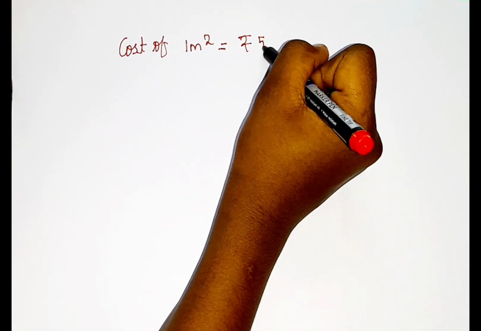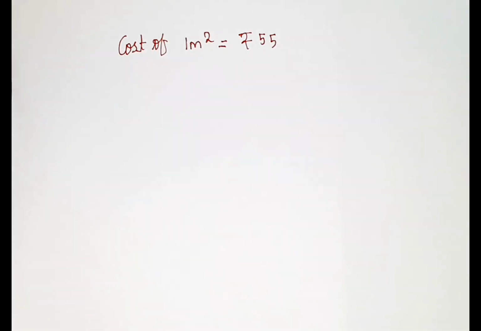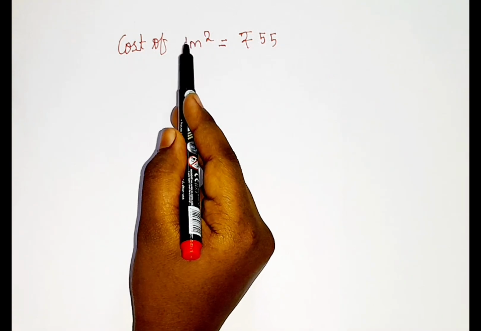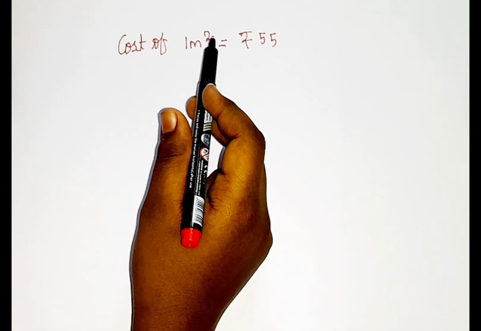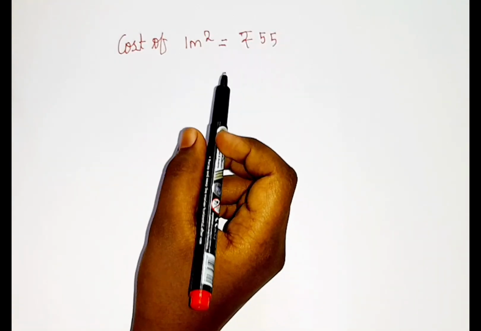Am I right? So in the last point they mentioned, let me read it out. Find the total cost of developing a garden around the house at the rate of rupees 55 per meter square. So here they gave per meter square. That's why per means a single. Okay, that's why 1 meter square is equal to rupees 55.